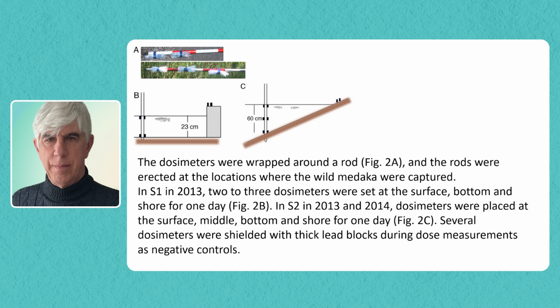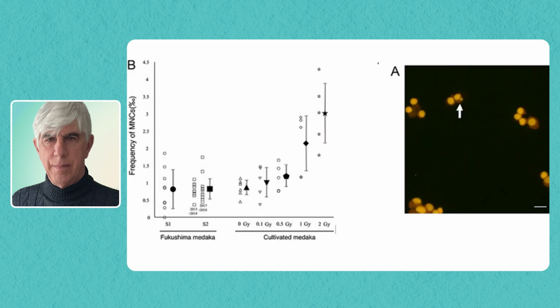That was an interesting, well designed study. They also had some aquarium medaka, which they used with known doses. This is quite important because they measured micronuclei frequency in cultivated fishes, so there was a kind of dosimetry based on that. They knew what to expect from the wild.